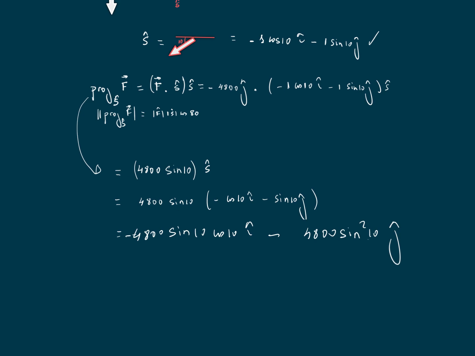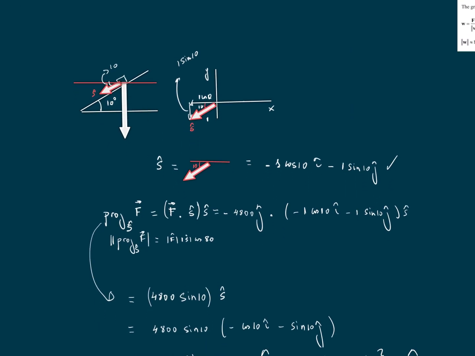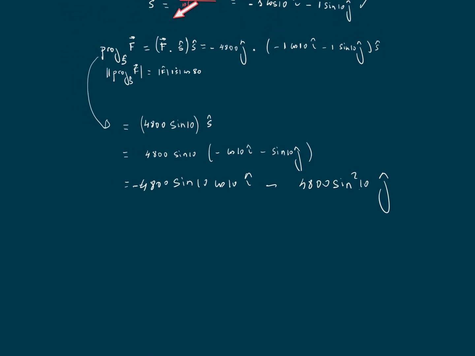And what is the magnitude of this force? Because it's asking about the magnitude. Find the force required. Okay, what is the magnitude of this force? The magnitude of this force is 4,800 sine of 10, because the magnitude of S is 1.